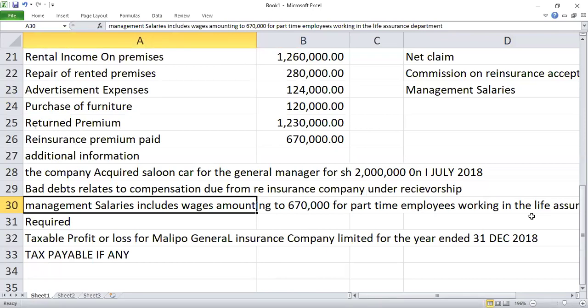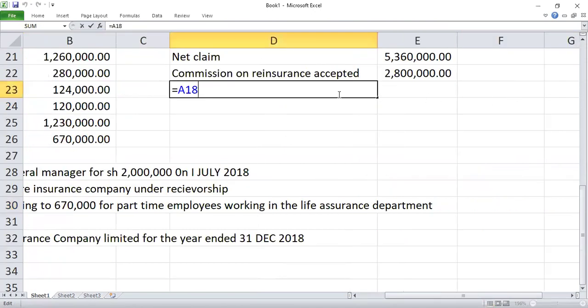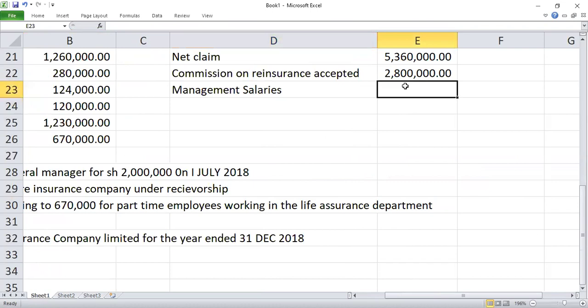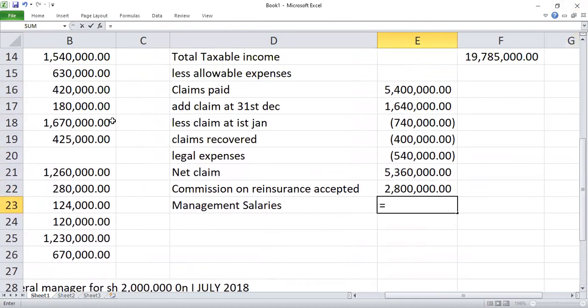So we are going to disallow that 670,000. We take 1,670,000 and subtract 670,000, which comes to 1 million.